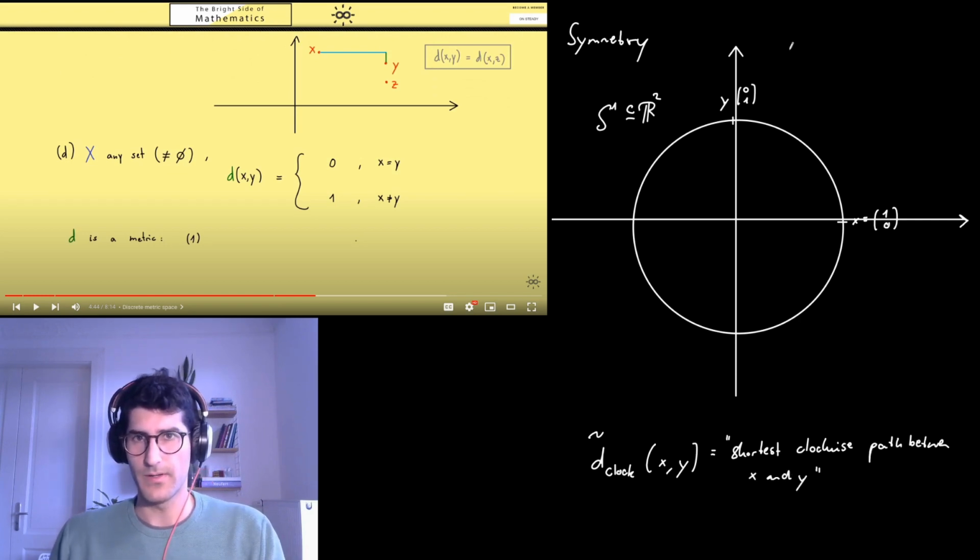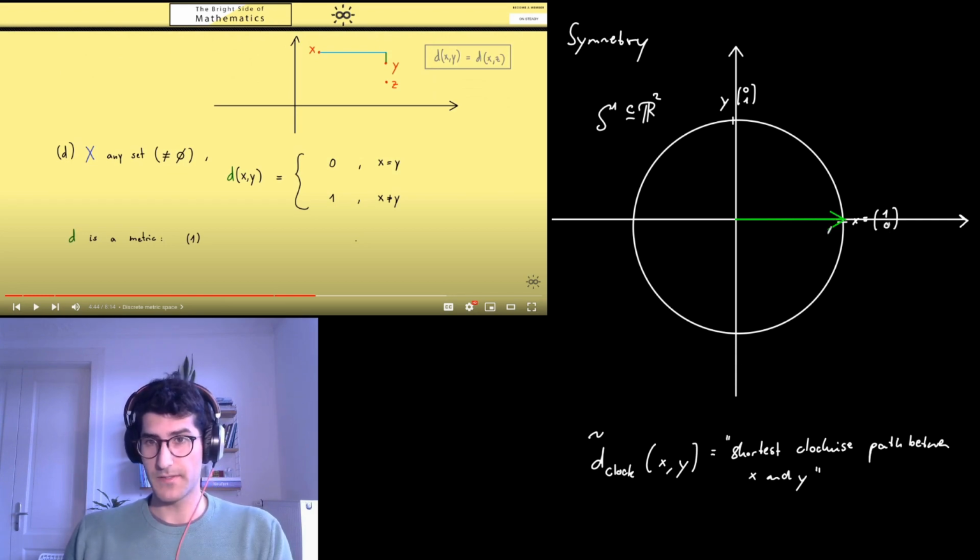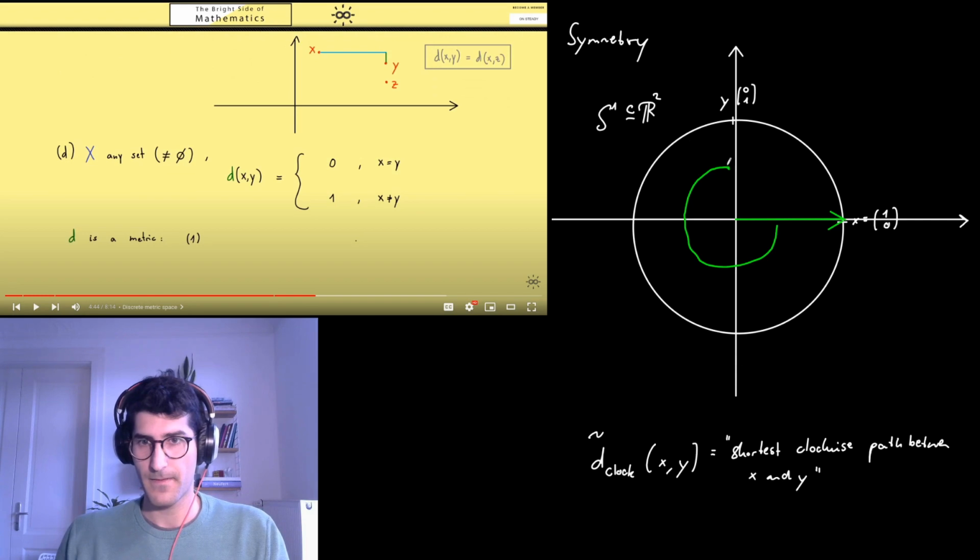So how is this to be understood? Think about a clock. Let's say our clock points to (1, 0) here, and we now want this pointer to run in a clockwise fashion, in this direction, until it hits y.